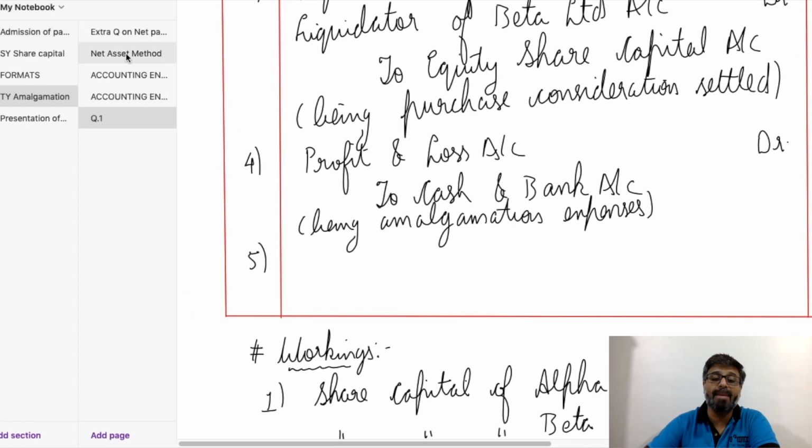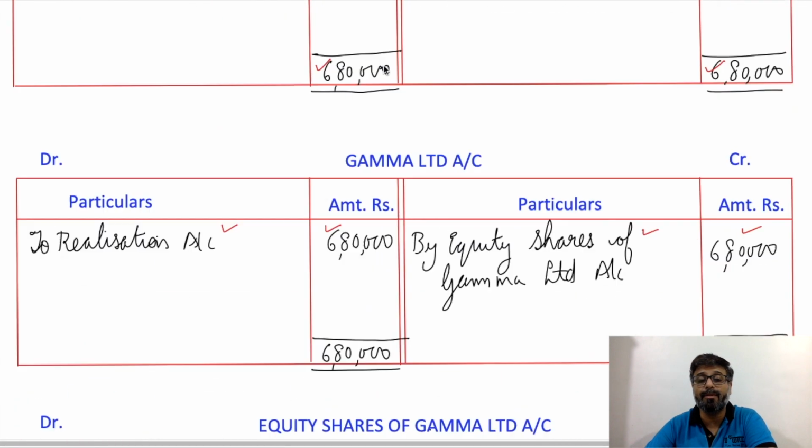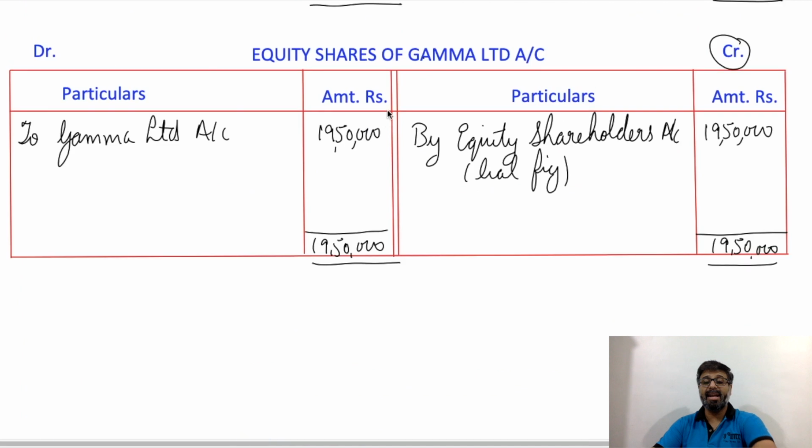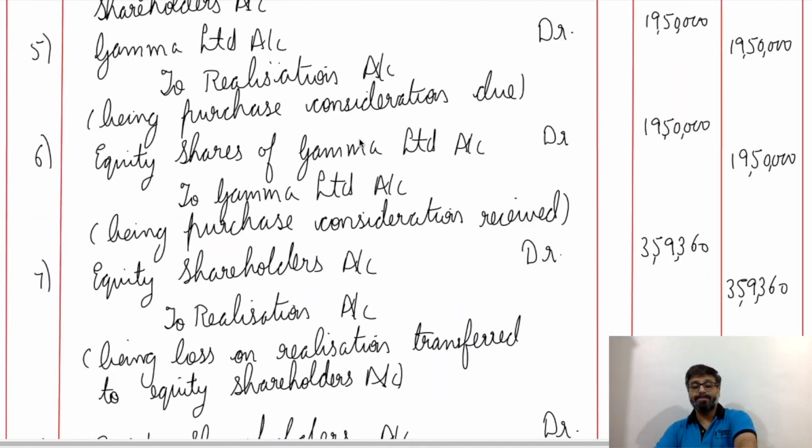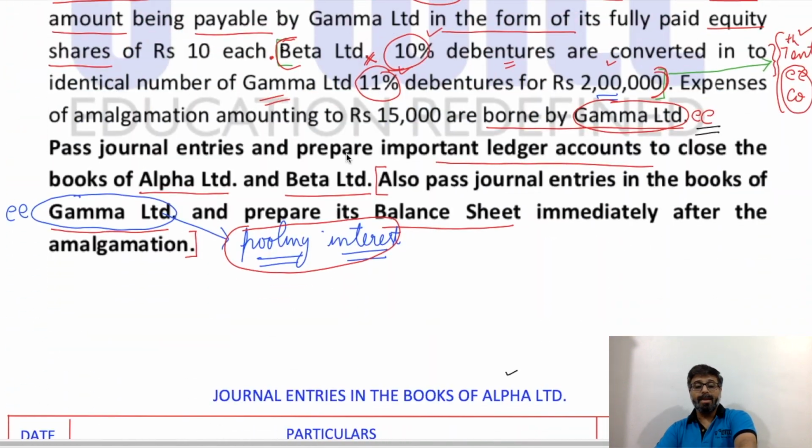What settlement of liabilities do we have here? If you all see carefully in the last paragraph, it was given that 10% debentures are converted into an identical number of Gamma Limited's 11% debentures of 2 lakhs. This is settlement of liability. And see here we have written also, it will affect the 7th entry in the books of the transferee company. Last entry. So this entry is going to get affected.